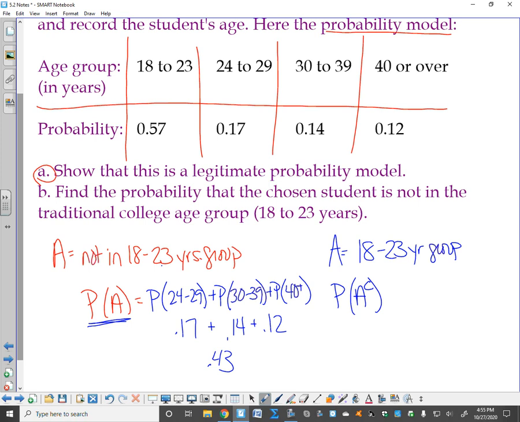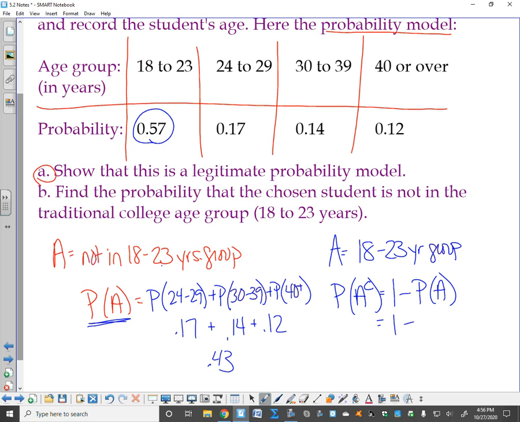All right, if I do it the other way. So the other way is, take who's in A and do 1 minus it. So formula first.